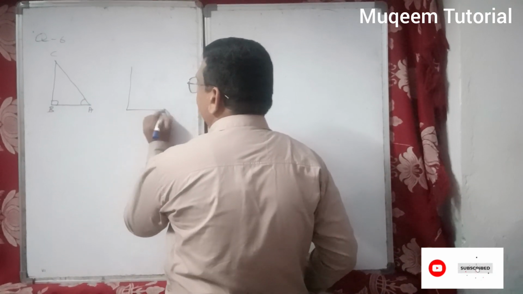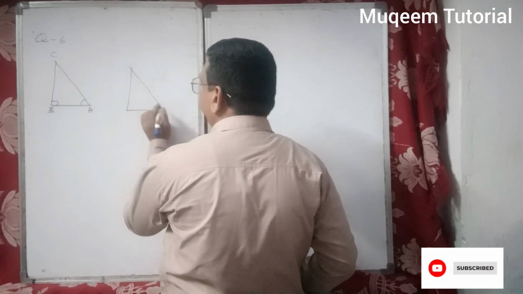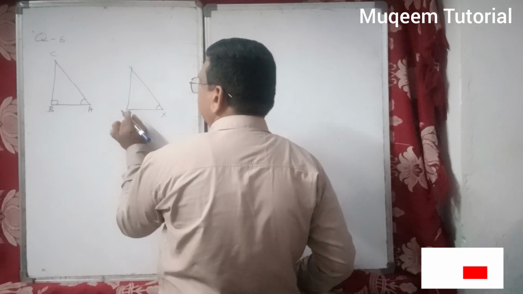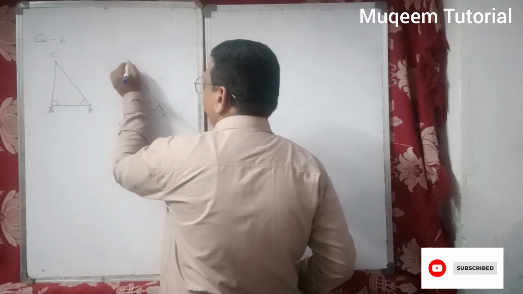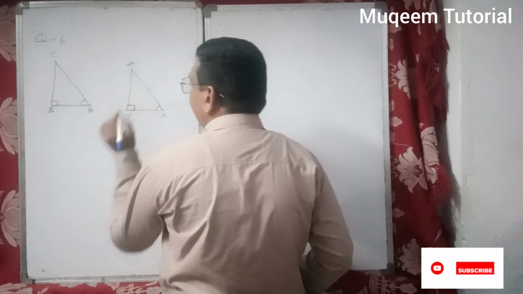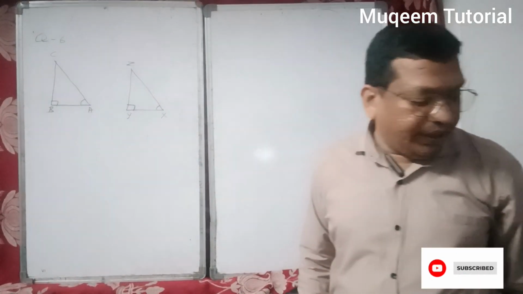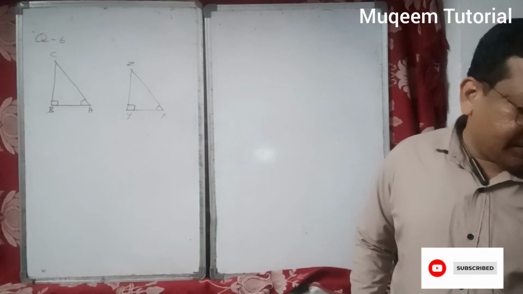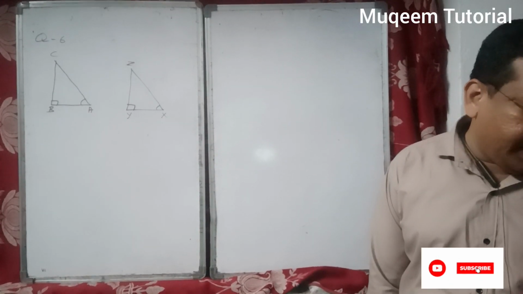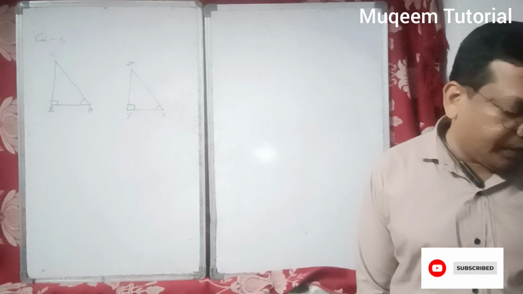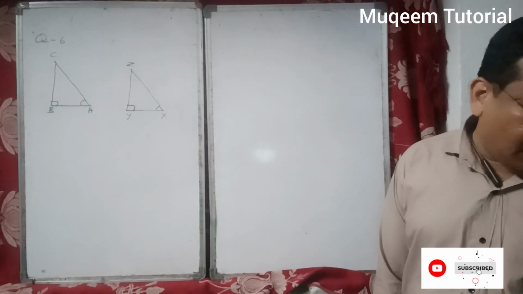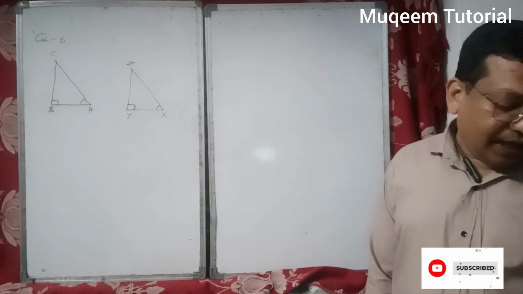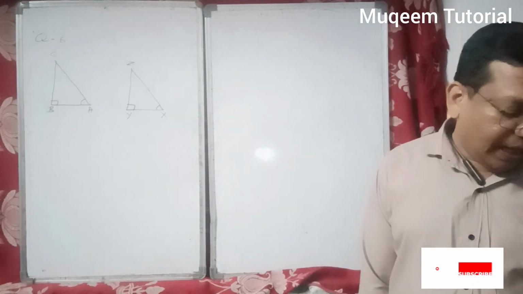Another triangle is triangle XYZ, with 90 degrees. So here he said in the question, in triangle ABC and XYZ, if angle A and angle X are acute angles such that cos A is equal to cos X, then show that angle A is equal to angle X.